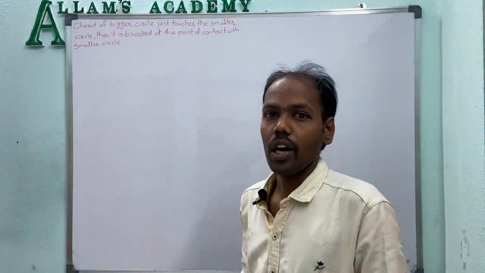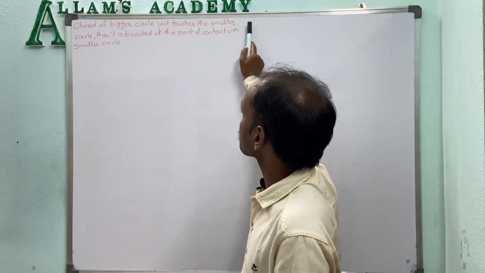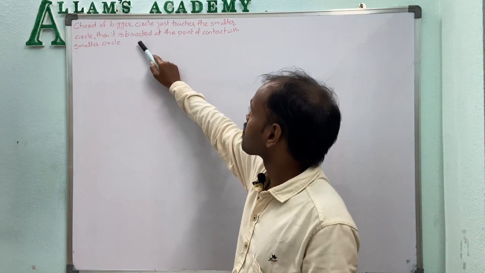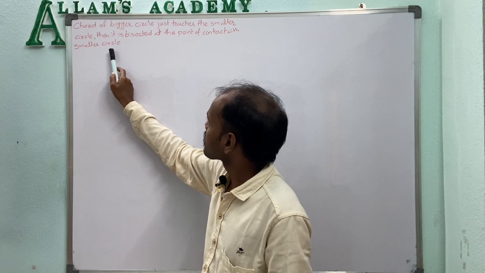Okay. Next: a chord of a bigger circle just touches the smaller circle, then it is bisected at the point of contact with the smaller circle.